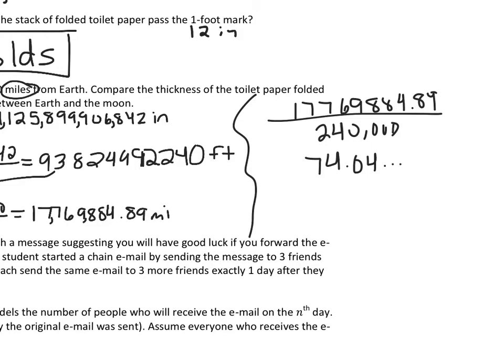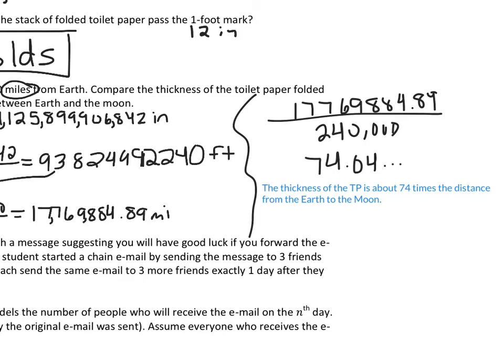So again, the thickness of the toilet paper is about 74 times the distance from the Earth to the moon. And that right there is our answer.